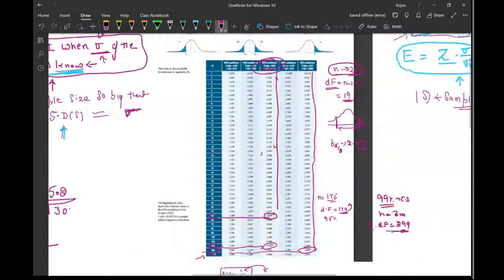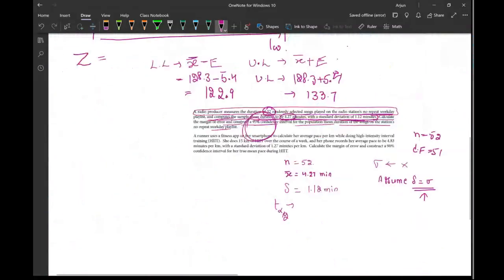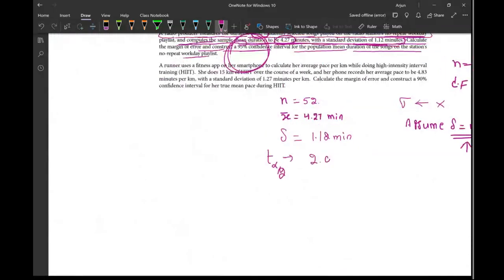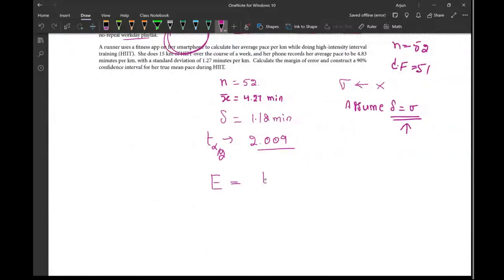So 2.009 will be the value which I'm going to take. 2.009.